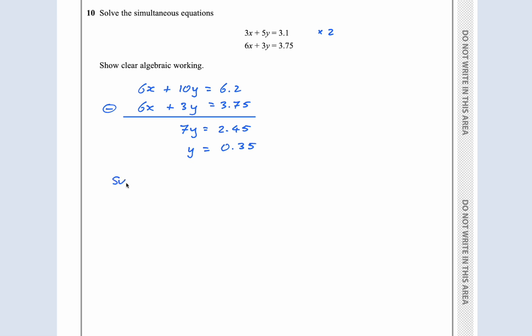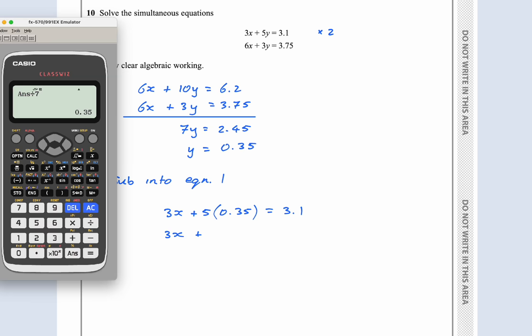Now I need to get x. So I'll sub into equation 1, into this equation. I can sub into any equation that I want. Let's do this one. So it's 3x plus 5 times y, which is 0.35, equals 3.1. 3x plus 5 times 0.35, this times 5, is 1.75.